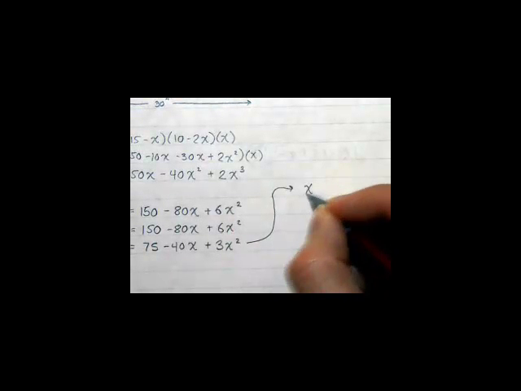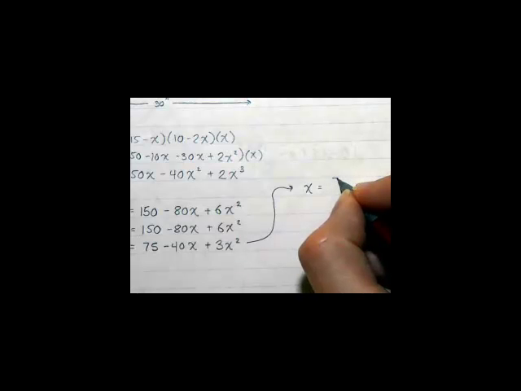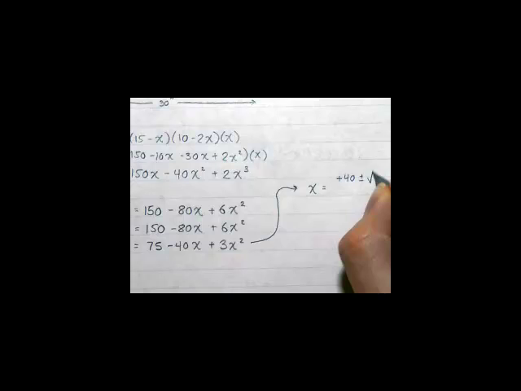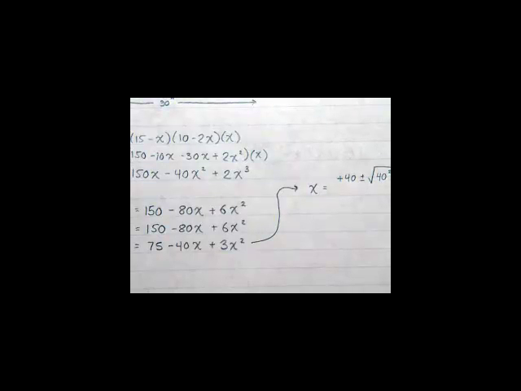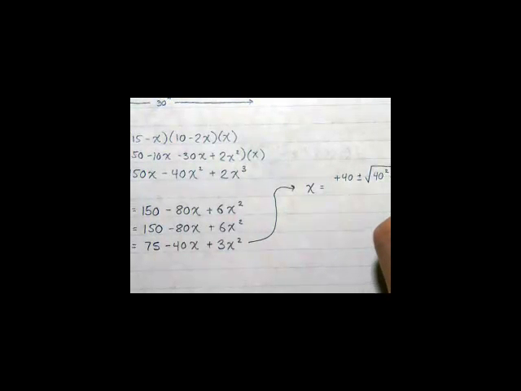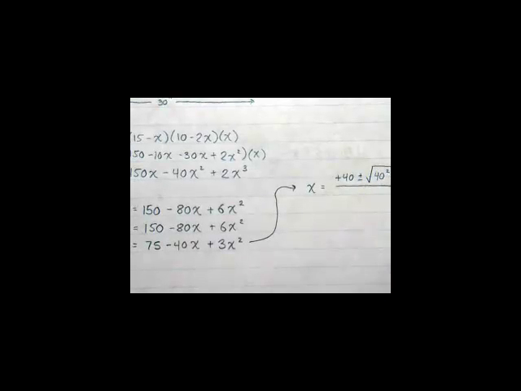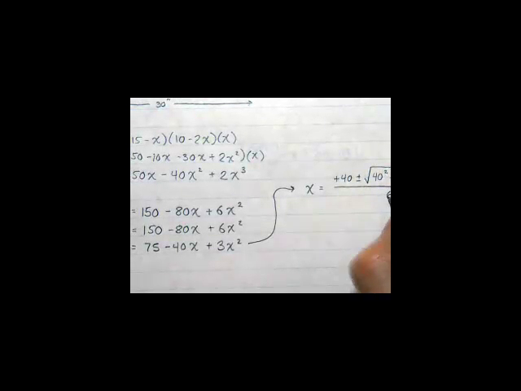So x is equal to negative b, which would be 40, plus or minus the square root of negative 40 squared, which is the same as just 40 squared, minus 4. A is 3, b is 75, all divided by 2a, which would be 6.